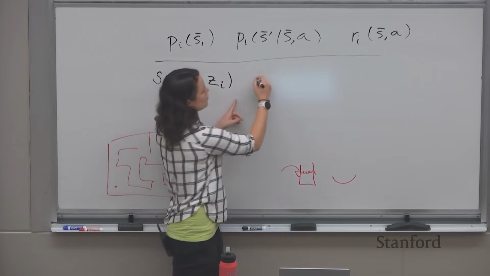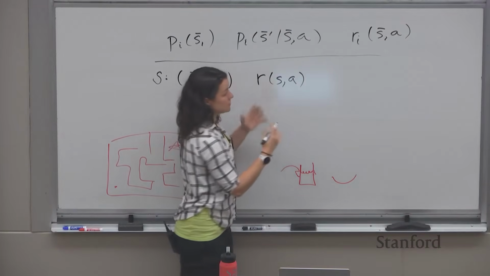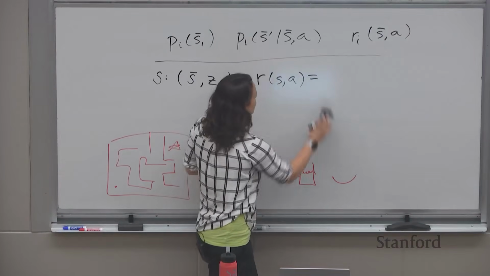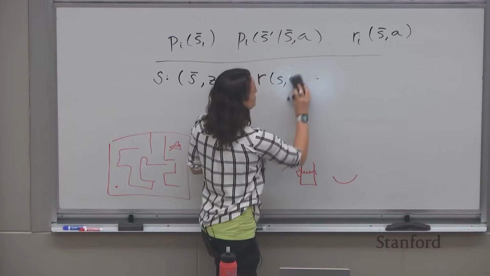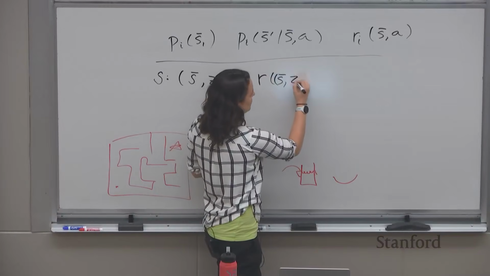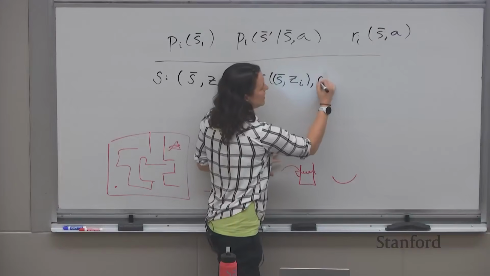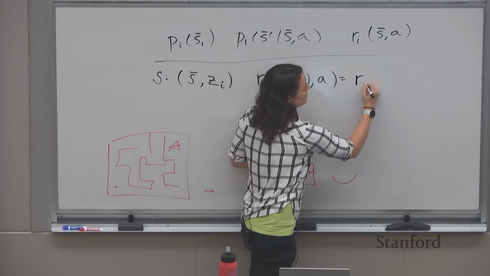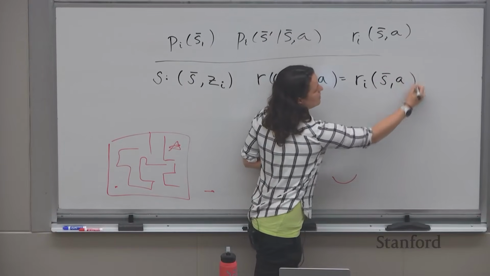And then the reward function in this modified MDP, which is a single MDP for all the tasks, to be explicit, the reward for this state and this action would then be equal to Ri of S bar, A.